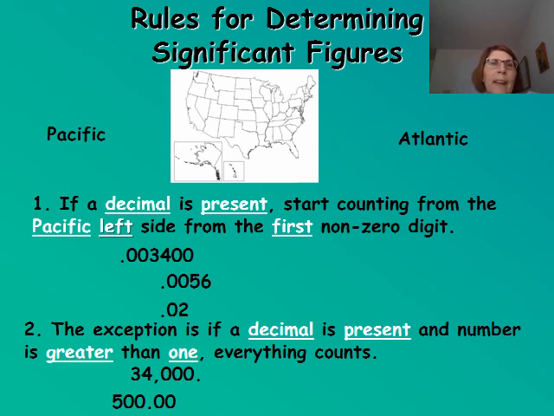If a decimal is present, start counting from the Pacific left side from the first non-zero digit. So if we were looking at 0.003400, we would start counting going that way.